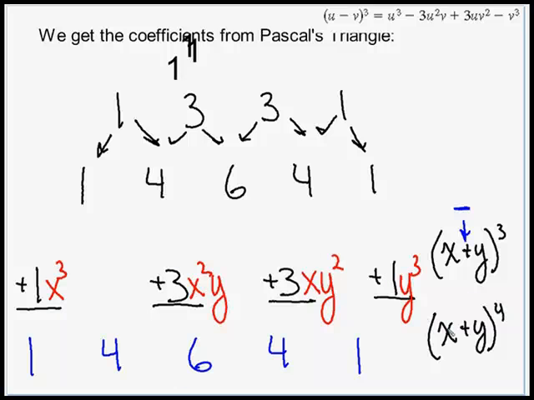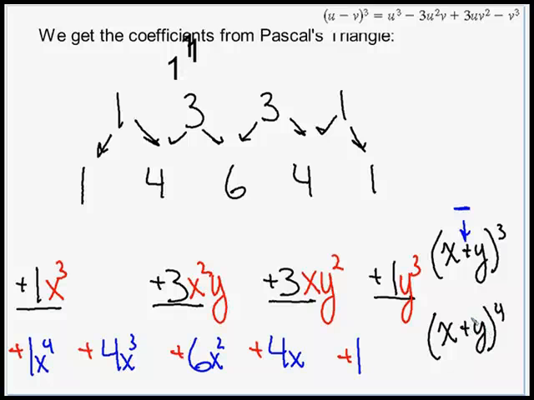Okay, here for the fourth power, again, we got the coefficients set up here. This is a plus, so everything's going to be a positive. And my leading variable is x, my power is fourth, so it's going to be x to the fourth, and then x to the third, x squared, x to the first, and x to the 0, again, which we will not write because anything with the 0 power is 1. And now I reverse.